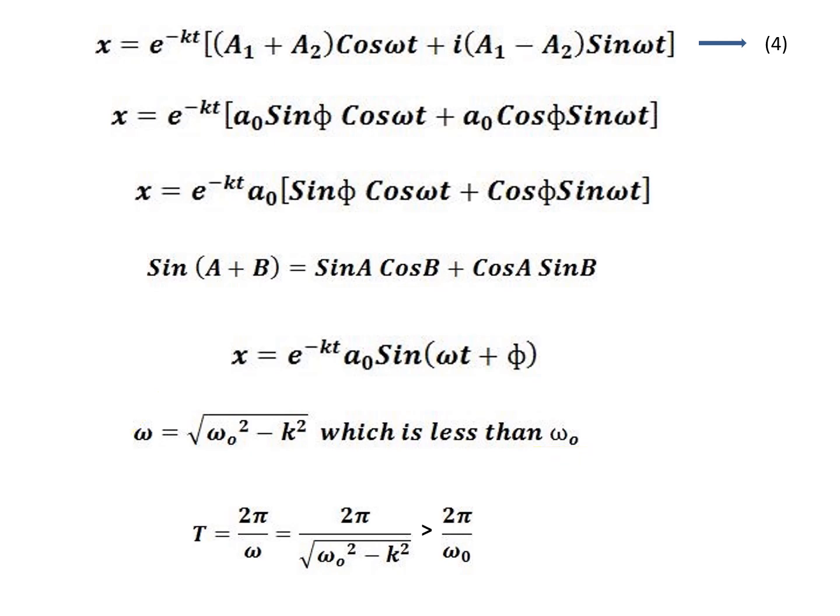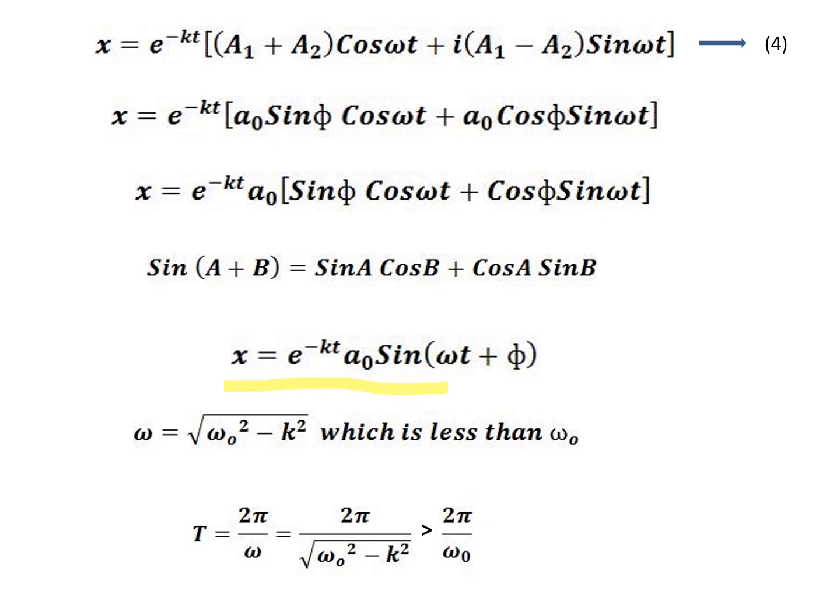The second point to note here is that the damping time period is large compared to the time period without damping. Here the damping time period is 2 pi by omega, whereas in the absence of damping, the time period is 2 pi by omega 0. So it is evident that the damping time period is large compared to the time period without damping.